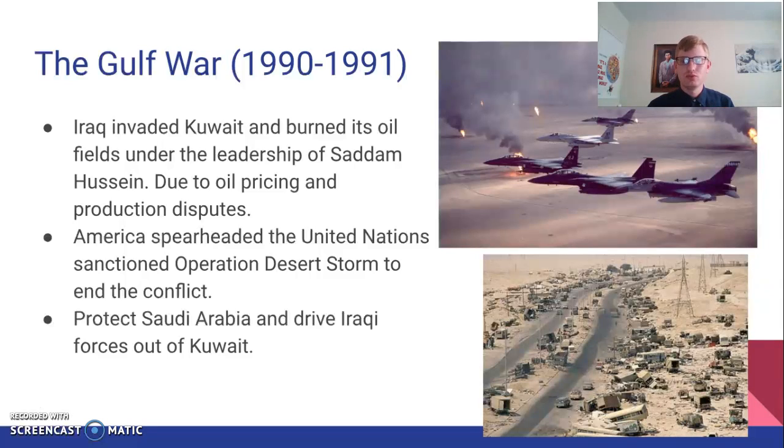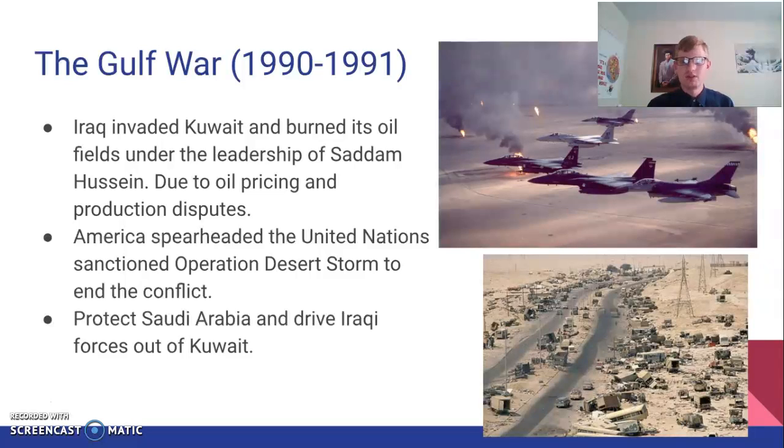And this led to the United Nations coalition, which was spearheaded by America, to sanction Operation Desert Storm, which was, as you can see there, the planes, aircraft, a lot of bombings and certain things like that that started the Gulf War.